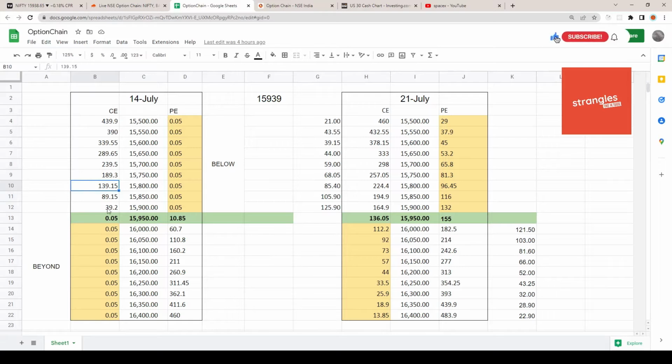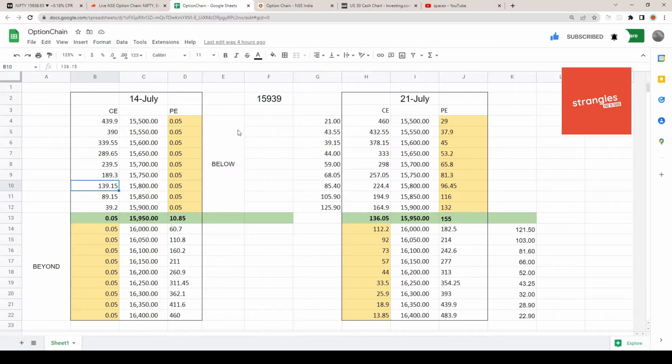So all these values which have ended in the money have some intrinsic value associated with them, and the value of it is how much the underlying went long from all these strikes. Similarly, on the put side too, this 950 strike ended 10 points in the money, right?